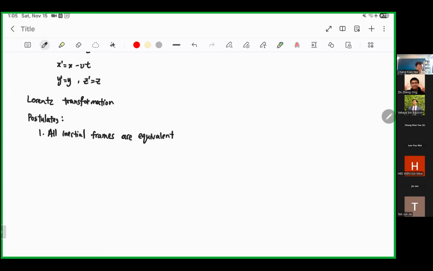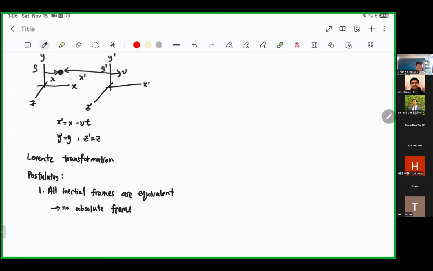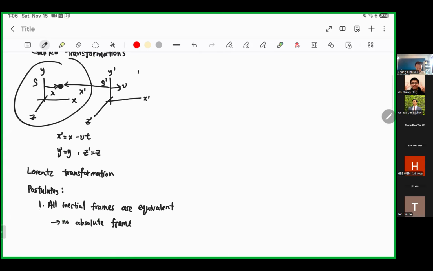What this implies is that there is no absolute frame that is stationary, and every frame is equivalent. So you don't have a better frame. If you look back here, these two frames are essentially the same.